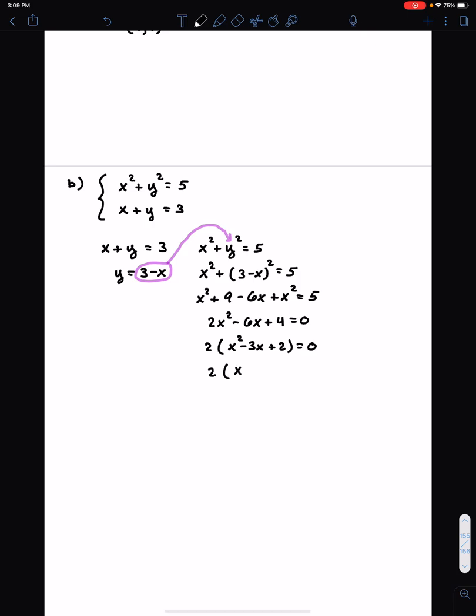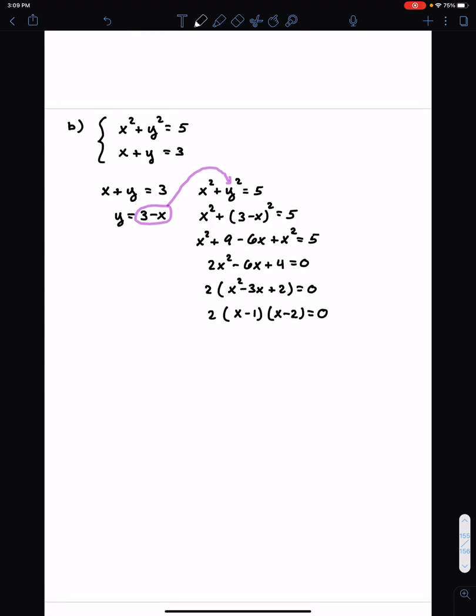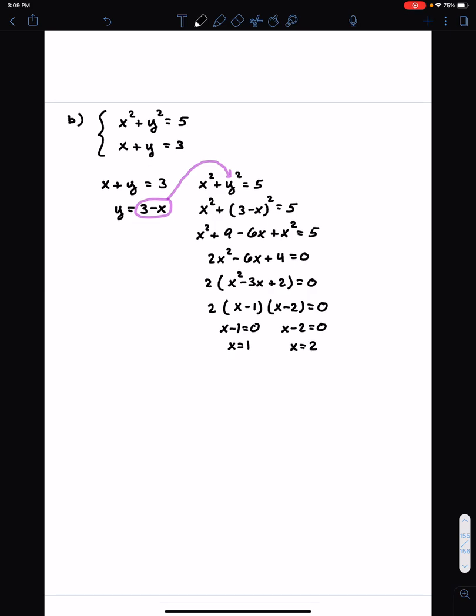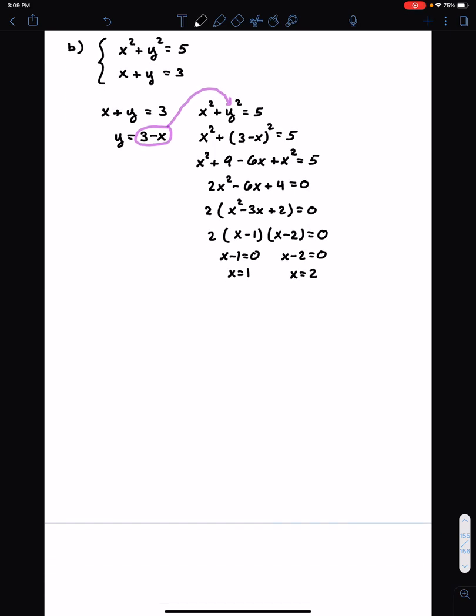And this quadratic will factor into x minus 1, x minus 2. And then if I set each factor to 0, I have x equals 1 or x equals 2. So I have two values for x.